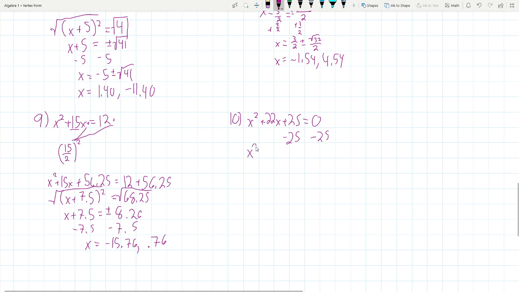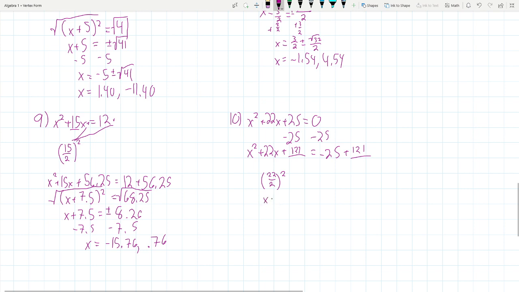And so I get x squared plus 22x plus some number equals negative 25 plus some number. I do 22 divided by 2, which is 11, squared, which is 121. So I'm writing in 121 for both of these.